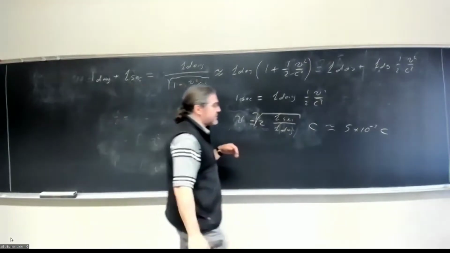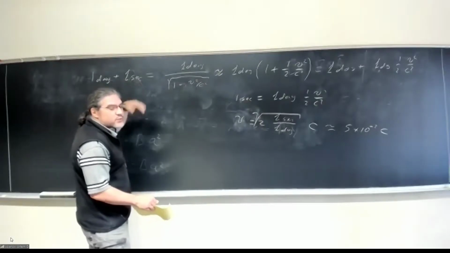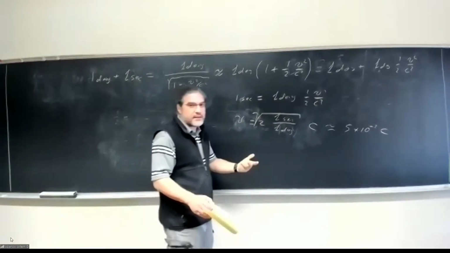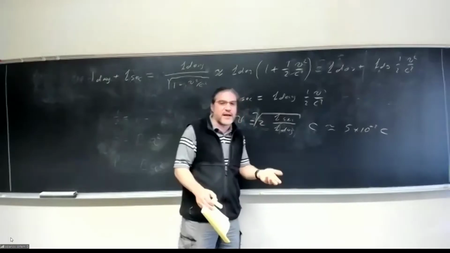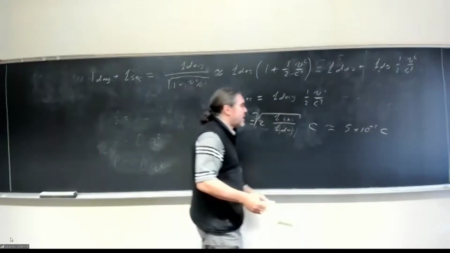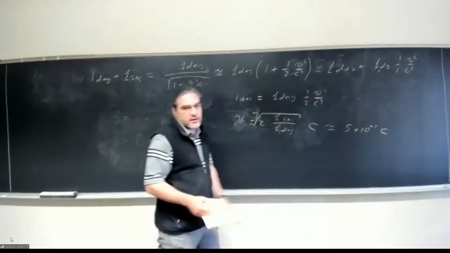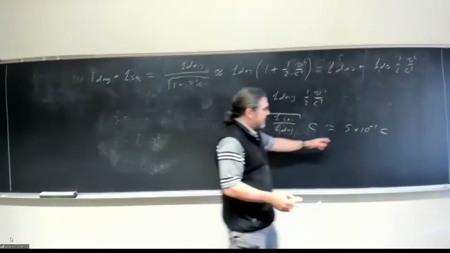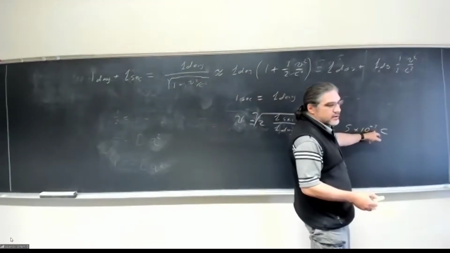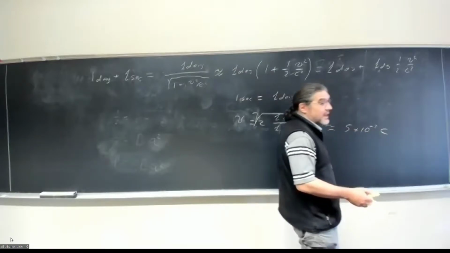But on the other hand, you see that even to get that little shift of time, just 1 second during 1 day, something which you never notice when you measure time on your own, you still have to have a very huge speed. I mean, this is 10 to the minus 2, a small number, but it's multiplied by the speed of light, and the speed of light is huge.